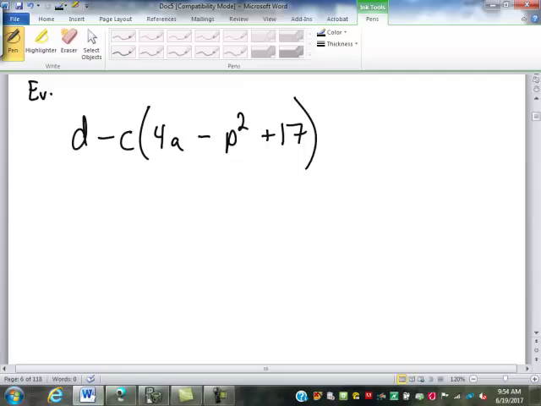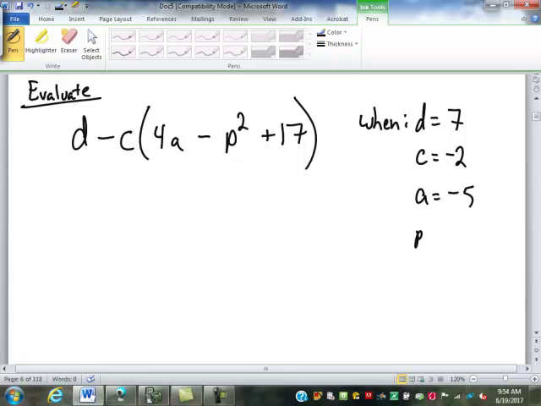I can ask you to evaluate D minus C, parentheses, 4a minus p squared plus 17, and close the parentheses, when D equals 7, C equals a negative 2, A equals negative 5, P equals a negative 3.